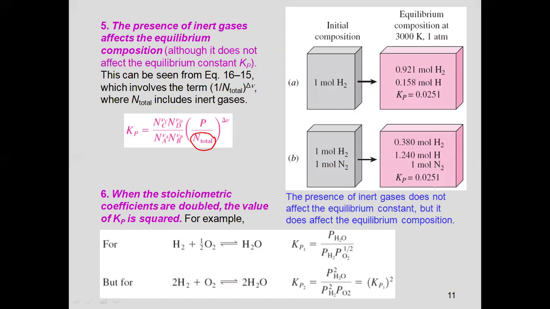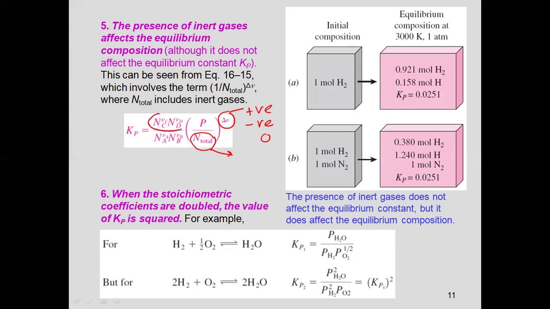If we just have some inert gas present in the equilibrium mixture, then depending on the value of delta nu, whether it is positive, negative, or zero: if it is positive, that means this will increase the denominator.